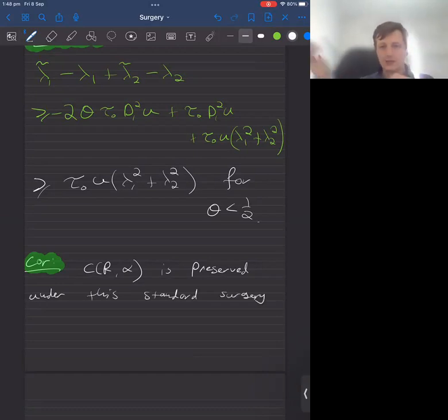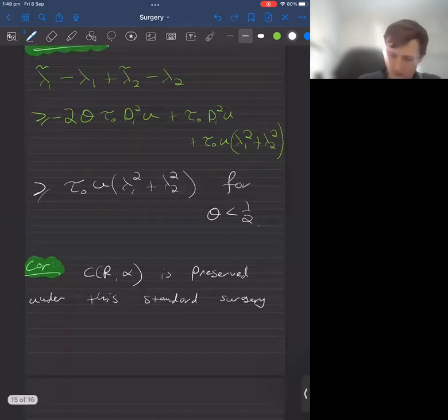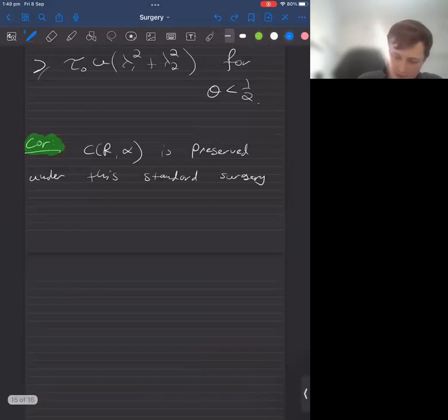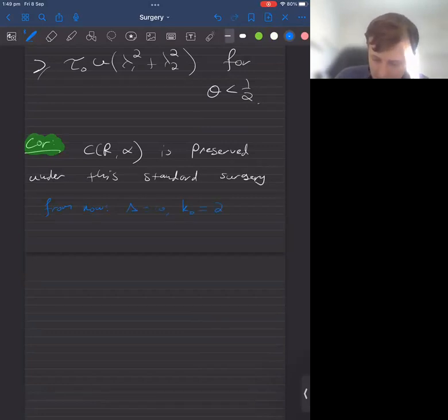As long as, say, B is large enough, lambda is large enough. So from now, we can fix lambda equal to 10 and K naught equal to 2. K naught, I can't remember what that is. I think I meant just K.